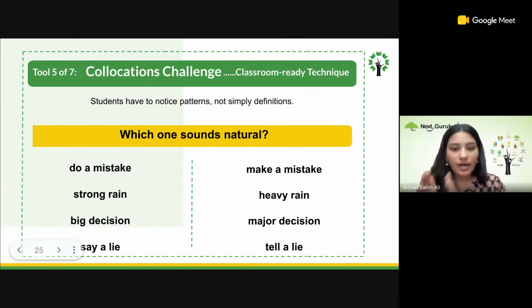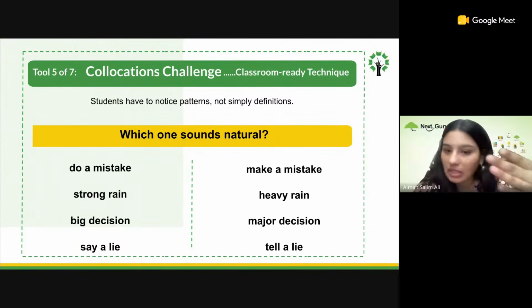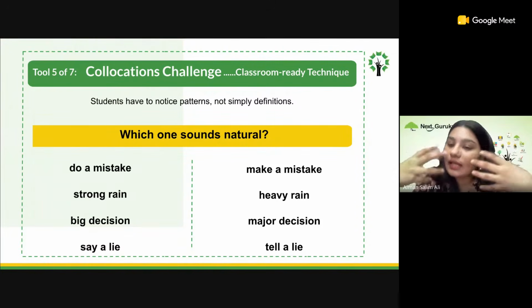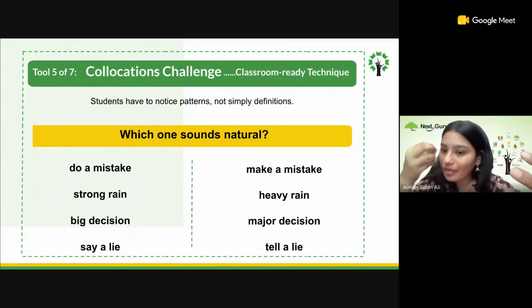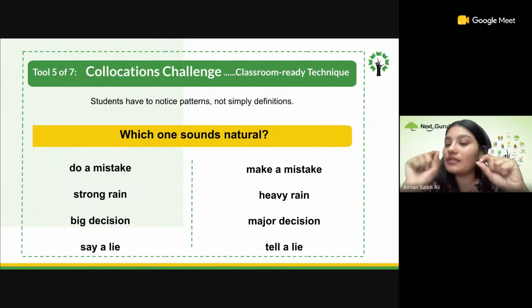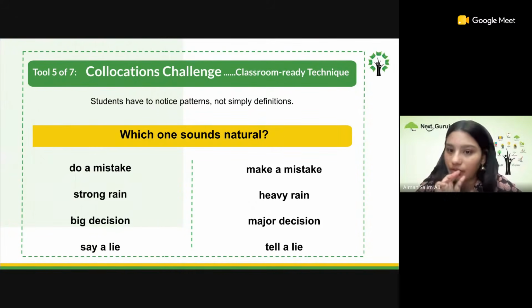Both on the left hand side and the right hand side, they are trying to portray the same meaning, but how do we tell that meaning, or what vocabulary words do we use? That is the game changer here. So the goal is that students have to notice patterns. They don't only have to simply know the definition, right?